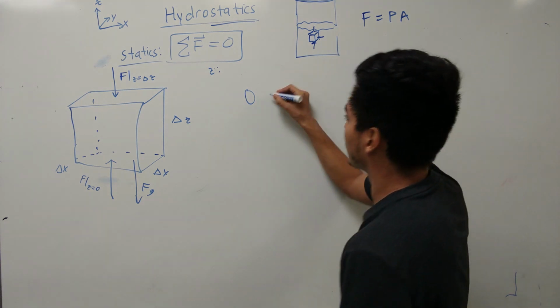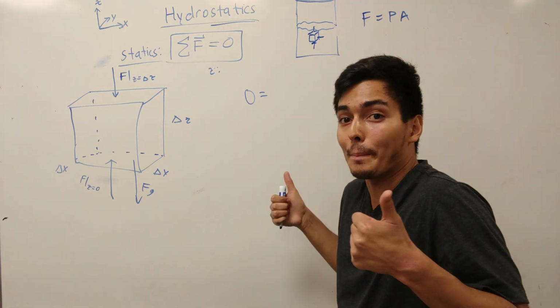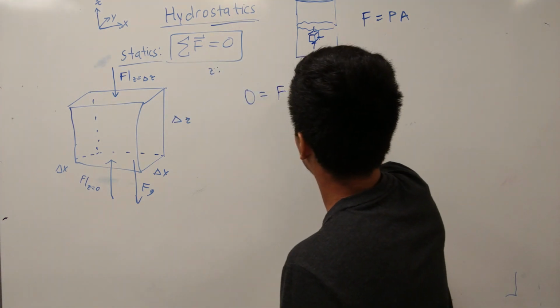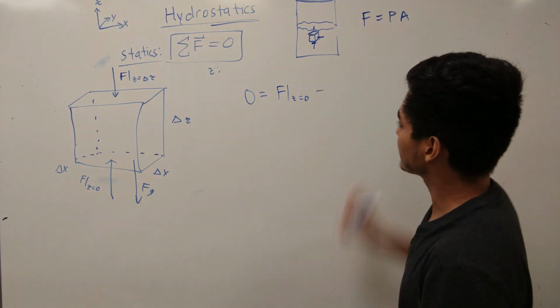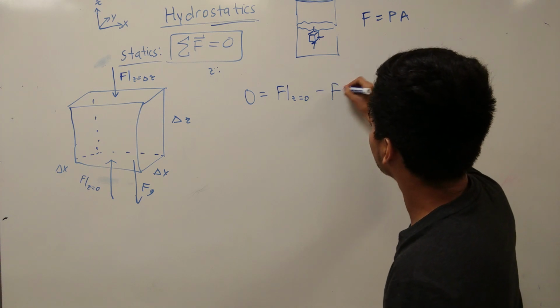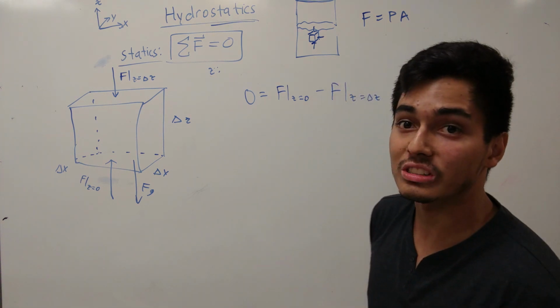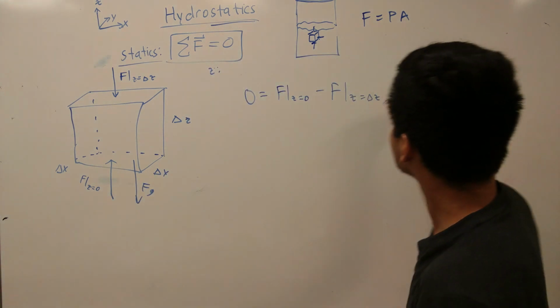Z, that equals, well, positive is up. So I'm going to say this one, F at z equals 0 minus F at z equals delta z minus gravity.